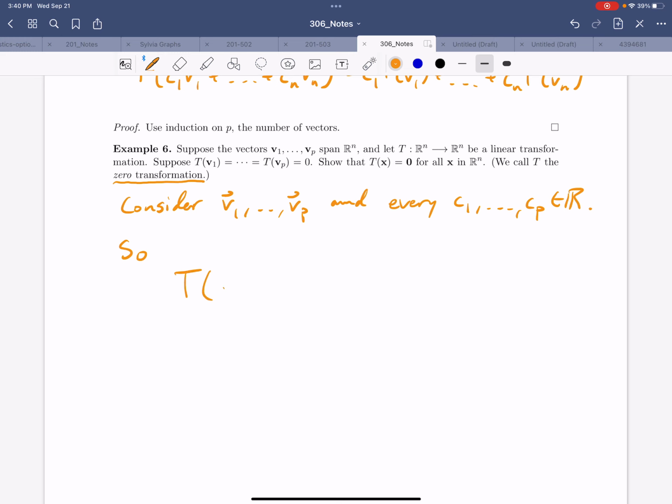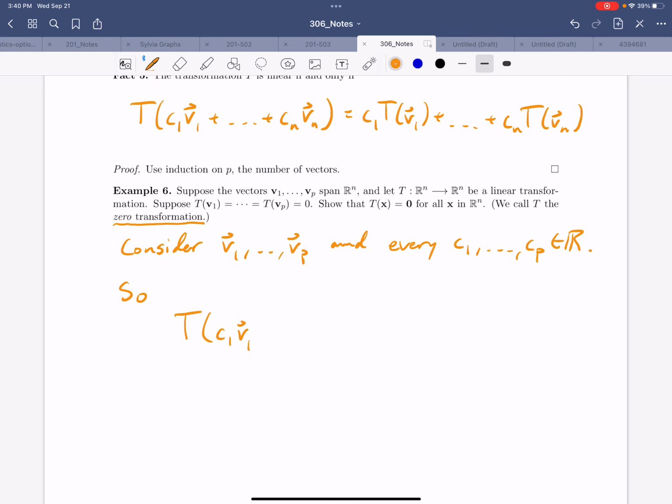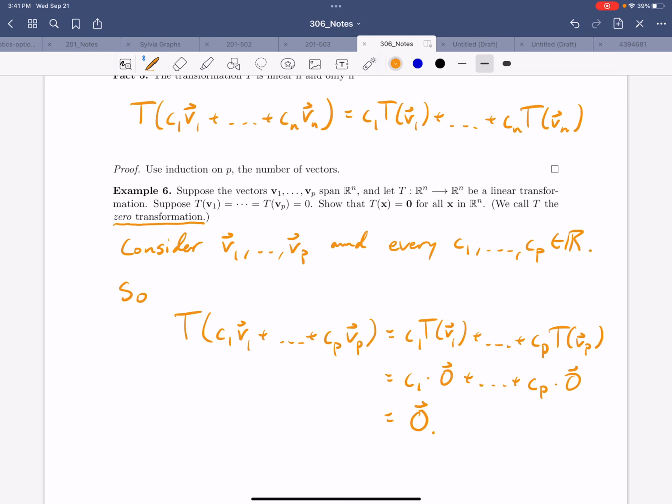So T of, I'll keep that up there, c1 v1 plus blah, blah, blah, plus cp vp equals, again, by the definition of linearity, c1 T of v1 plus blah, blah, blah, plus cp T of vp, right? We can split over scalar multiplication and addition. But we know by assumption that that's c1 times 0 plus c2 times 0 plus blah, blah, blah plus cp times 0. I should say the 0 vector, that is. And that, of course, equals 0. Okay, so you have it.